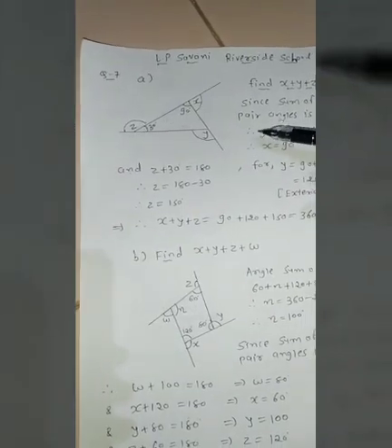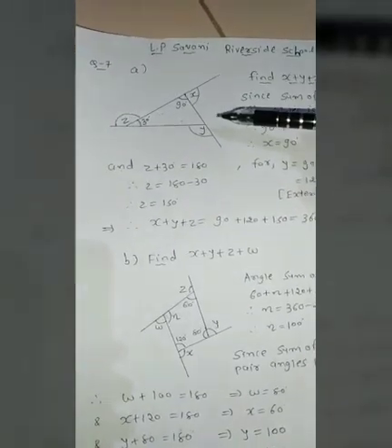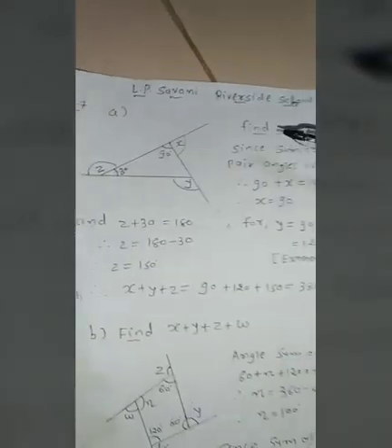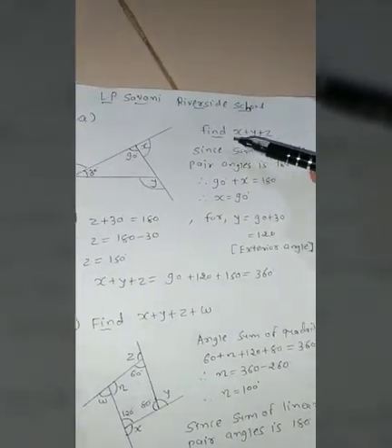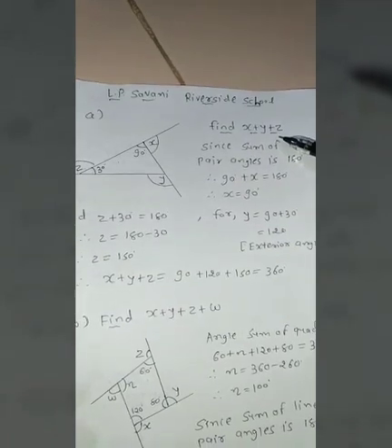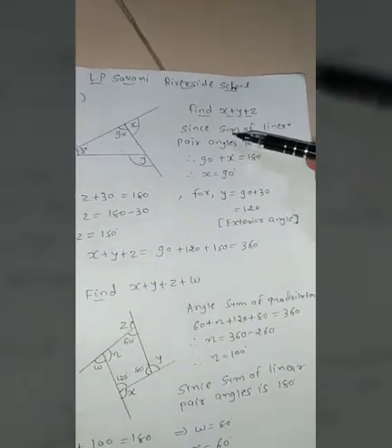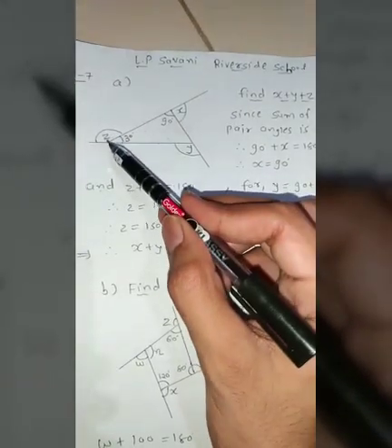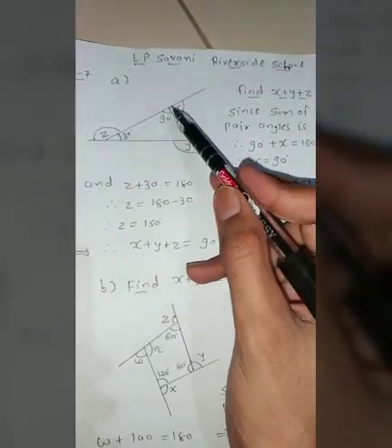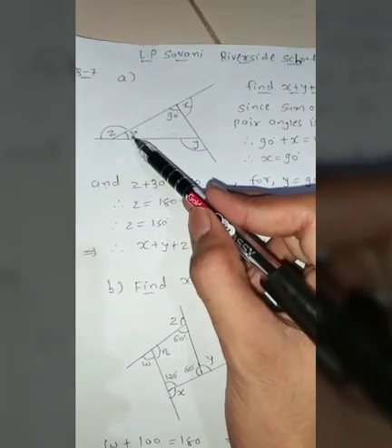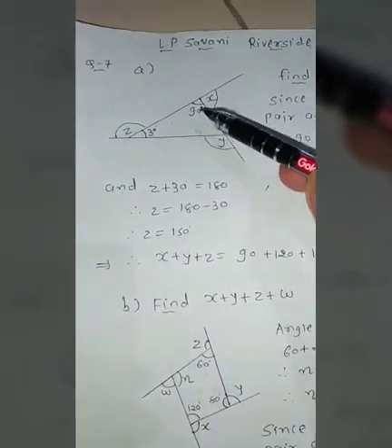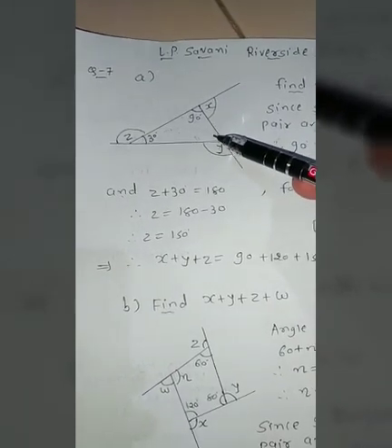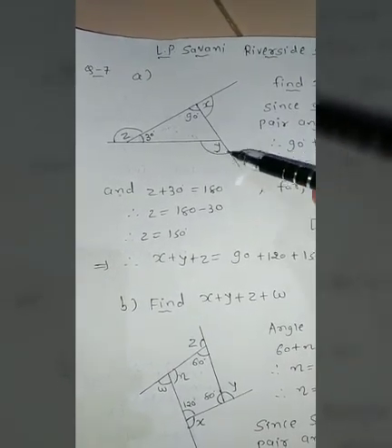Let's begin question number 7. Here one figure is given and the question is find x plus y plus z. Since the sum of a linear pair of angles is 180, you can see that there are 3 linear pairs. Here z and 30 are linear, 90 and x are linear angles, and y and an unknown angle are also linear angles.